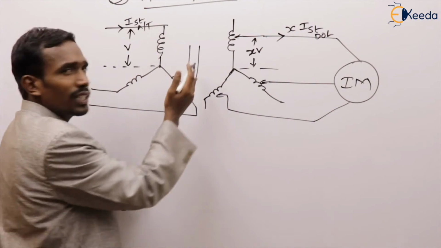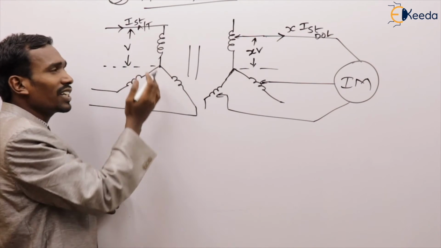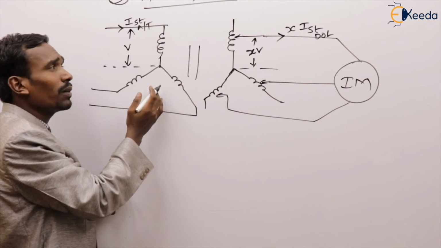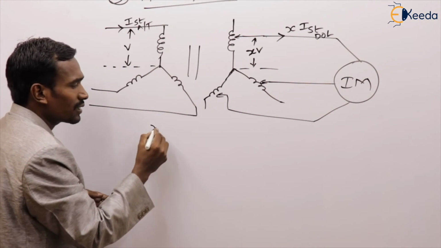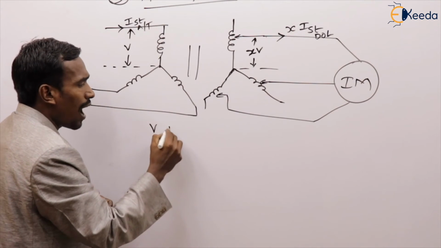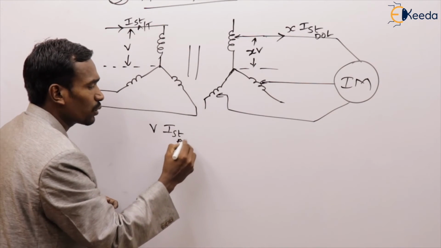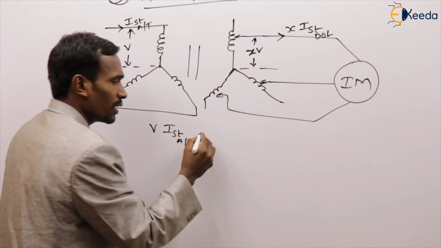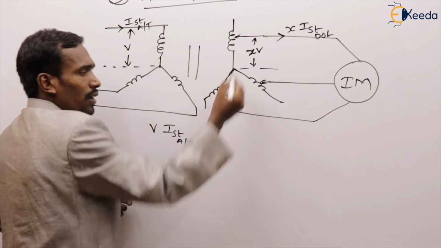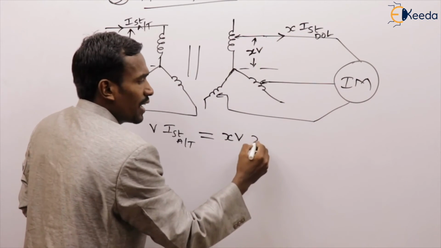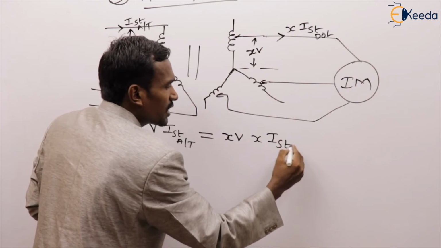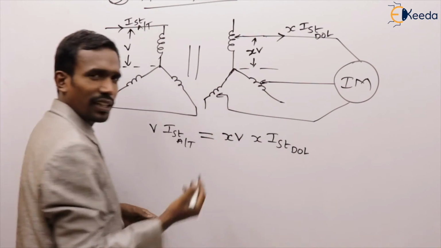Now tell me, what is the voltage and current? Nothing but, what is the power rating of the primary? V into I starting in the auto transformer is equal to X times of V, and current X times of the IST in DOL starting.